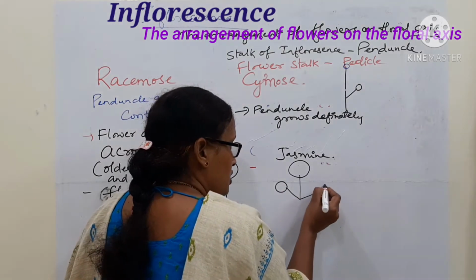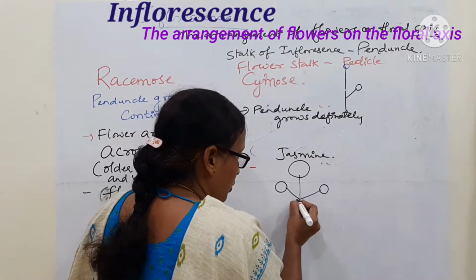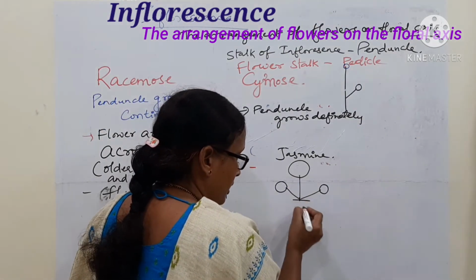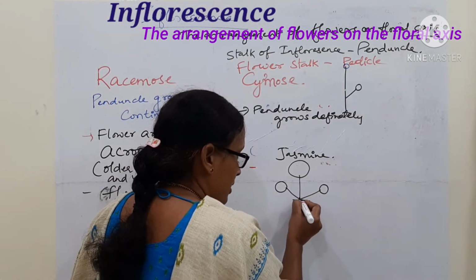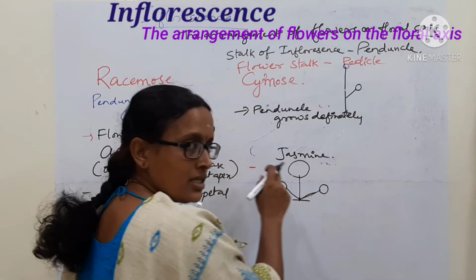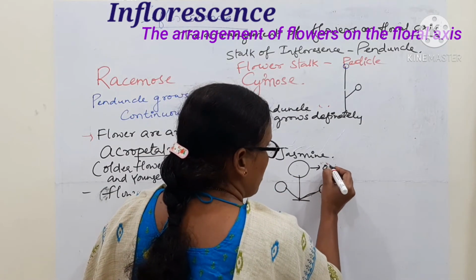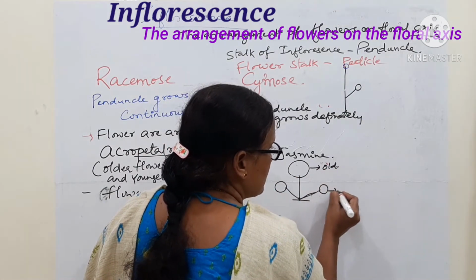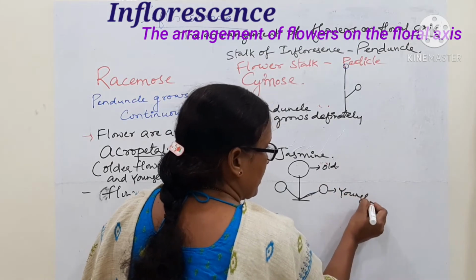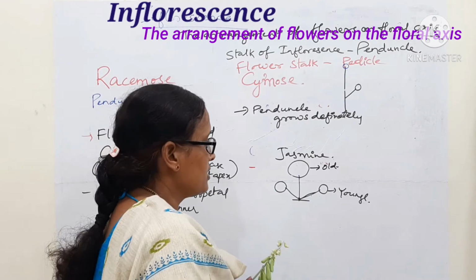The small flowers are near the base. This is the peduncle with its apex and base. Here the old flower and the young flower are arranged like this in the jasmine plant.